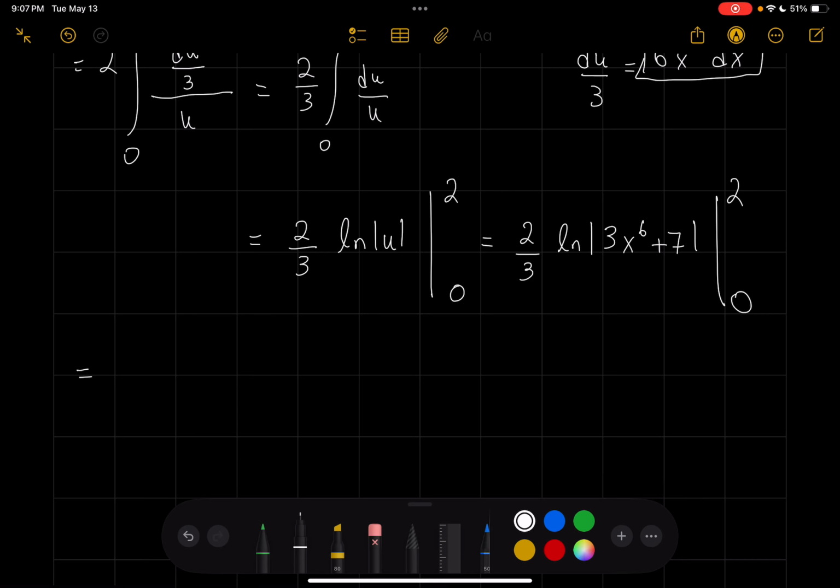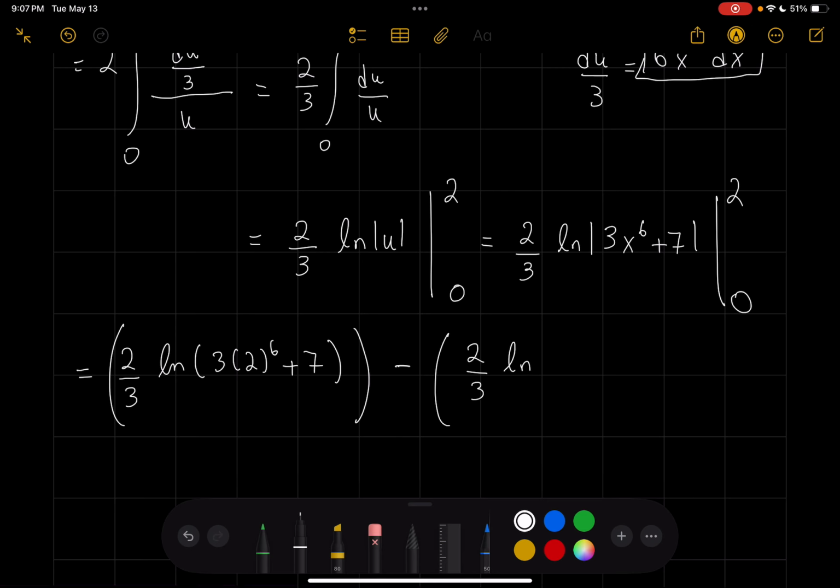So the answer is going to be 2 over 3 ln of 3 times 2 to the power of 6 plus 7. And all of this is going to subtract 2 over 3 ln of 3 times 0 to the power of 6 plus 7.